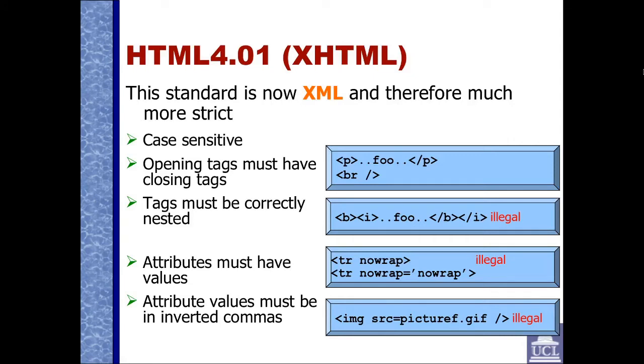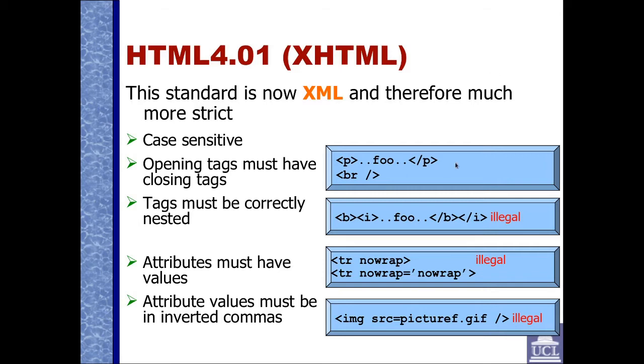HTML version 4.01 led to the development of something called XHTML. And this standard is now based on XML and therefore much more strict. So it used all the same tags and things that earlier versions of HTML used. Because it was now XML, it enforced all those things that are required by XML.